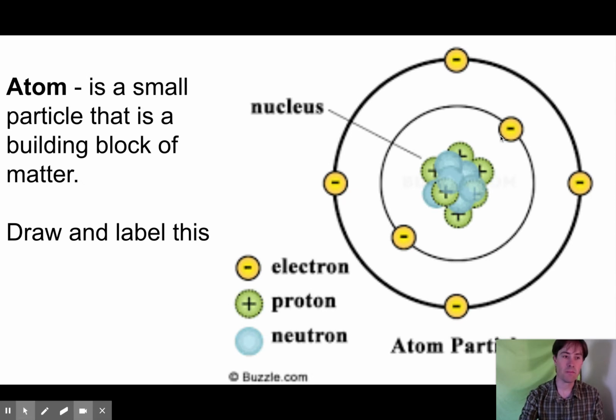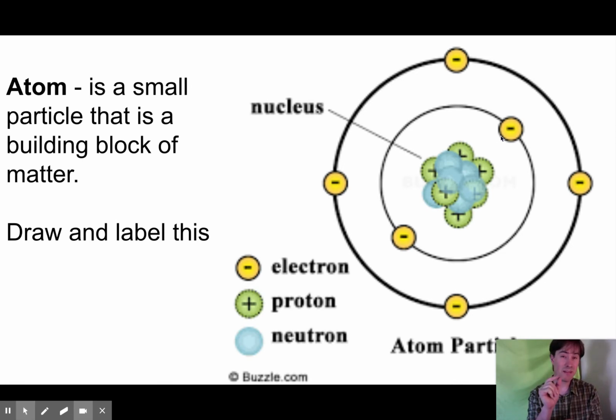What is an atom? Atoms are small particles that are the building blocks of matter. They're made up of three building blocks, two of which are inside the nucleus: protons and neutrons. Those are really where all the mass is.